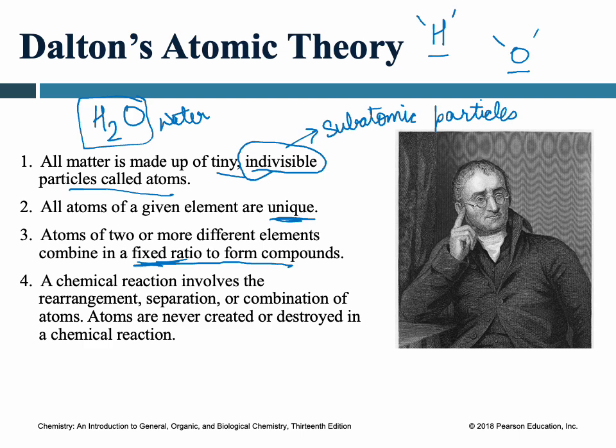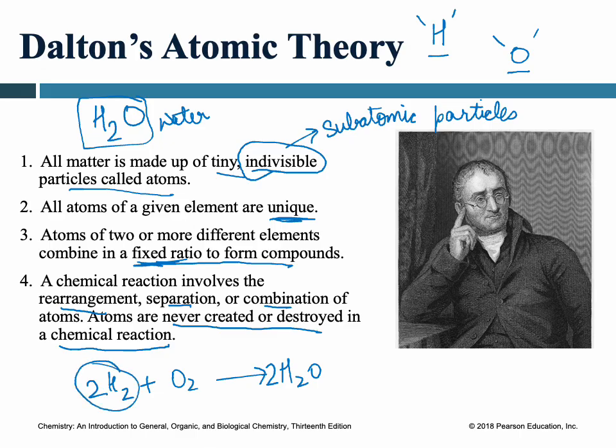He also mentioned that during a chemical reaction, atoms get rearranged, separated, combined in different orders. They can never be created or destroyed in a chemical reaction, which is also true. For example, if H2 plus O2 gives us H2O, if I balance this reaction out, we need this much. So what you have here is 2 times 2.